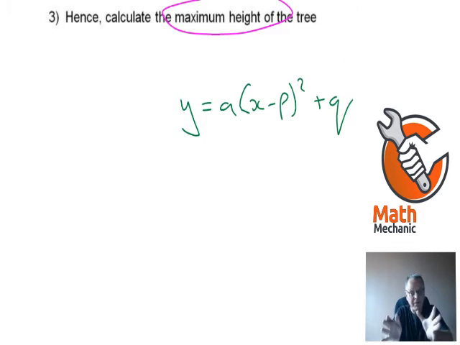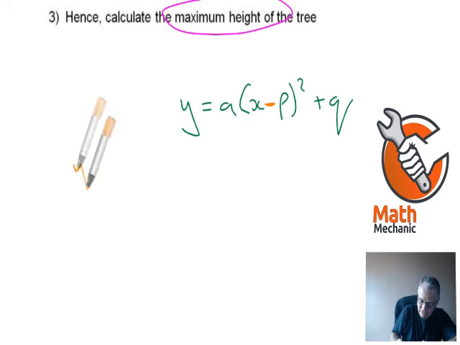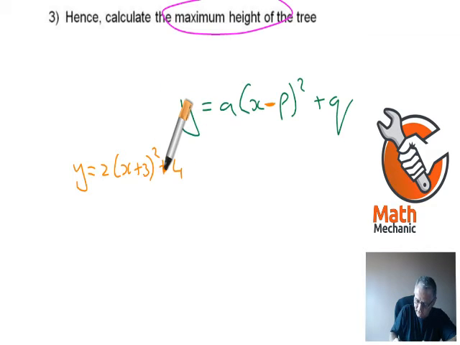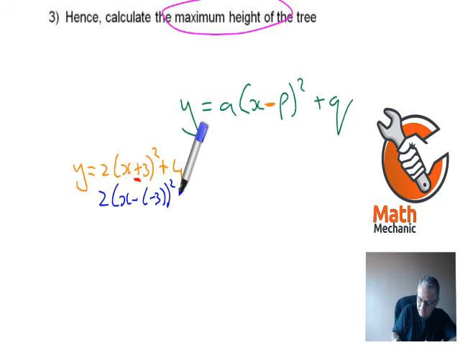Now just something very interesting for you to take notice of, that minus there is very important, because if you end up with an equation such as this, let's say 2(x plus 3) squared plus 4, you need to see the fact that there is a plus now. And in order to get from the minus to a plus, you would have had to multiply minus and a minus. So essentially that would have been 2(x minus (minus 3)) squared plus 4.